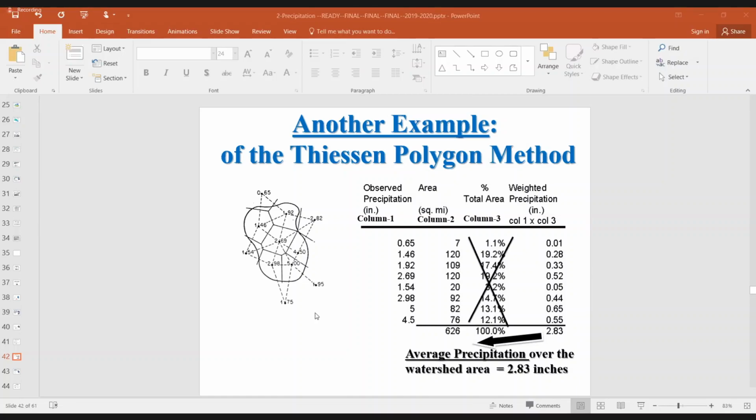So that's the estimate for this storm over this watershed area. Our estimate is 2.83 inches over this area. Please do not waste time computing percentage area. That's a waste of time.